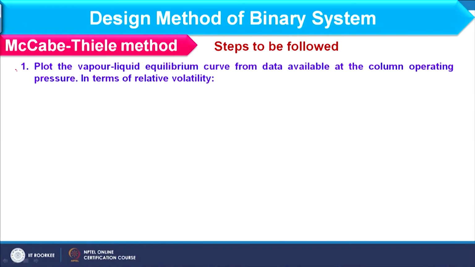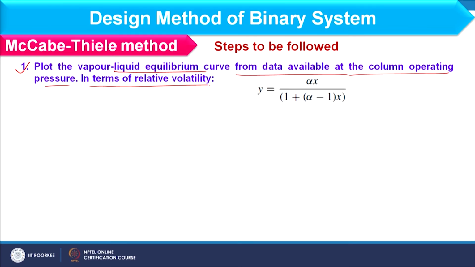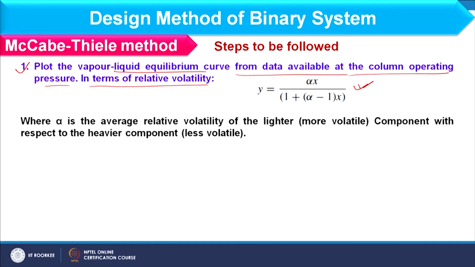So, initially we have to plot the vapor liquid equilibrium curve from the data available at the column operating pressure and in terms of relative volatility, and we can consider that equilibrium curve with this equation, right. So, where alpha is basically the relative volatility of the lighter component, and that relation we consider with respect to the heavy component.